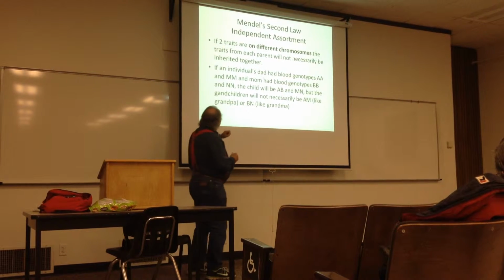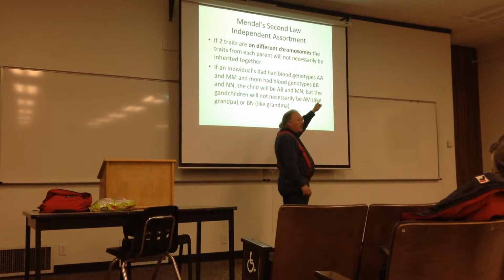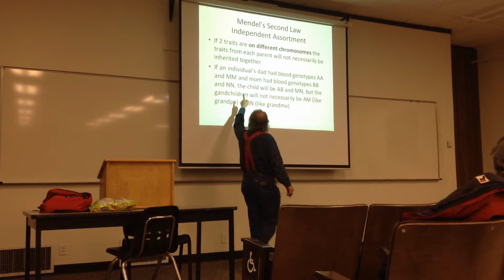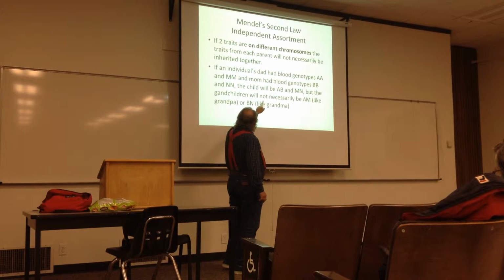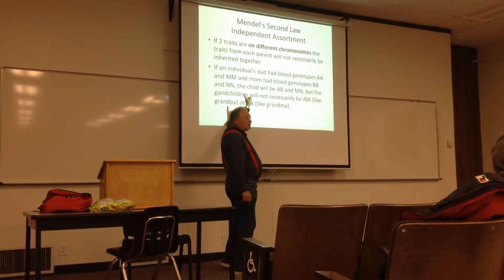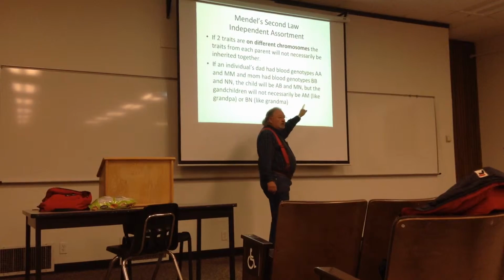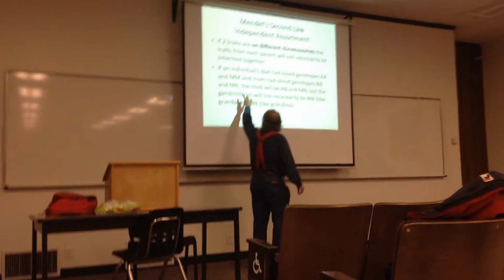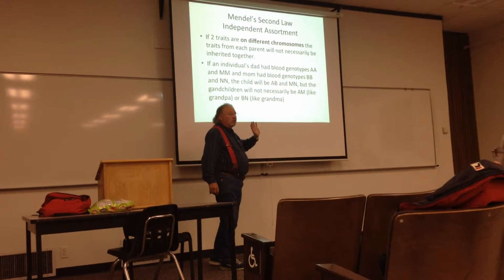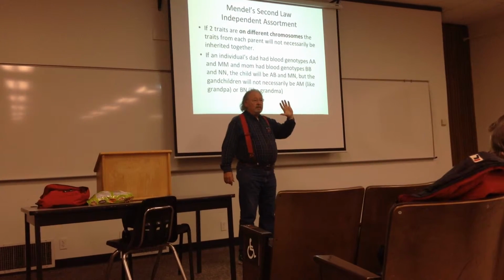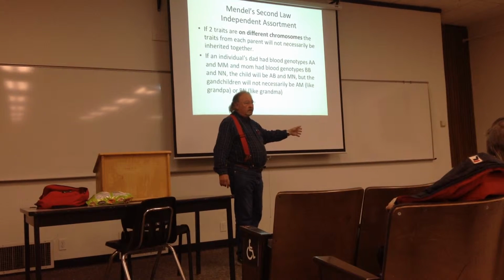So, in this case, if the ABO blood type is on one chromosome, and the MNSS blood type is on the other chromosome, and the dad had the genotypes AA and MM, and mom had different ones, the genotypes B and N, which is the other allele for the MNSS system, and they're on different chromosomes, you're not going to get dad's A and M necessarily inherited together.